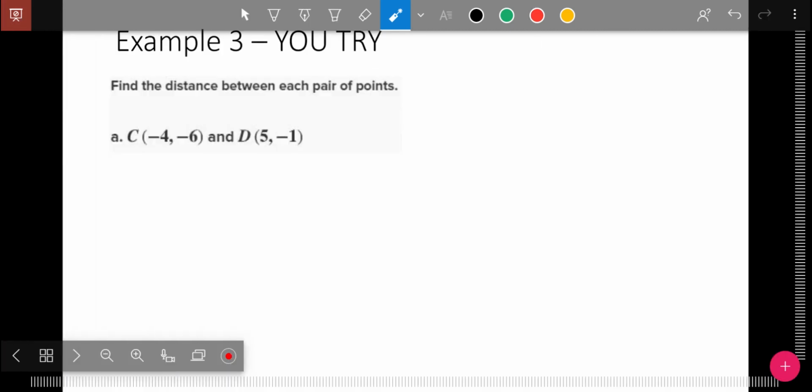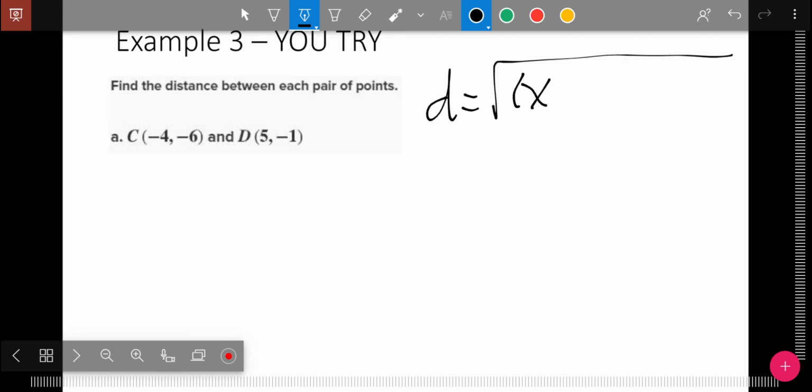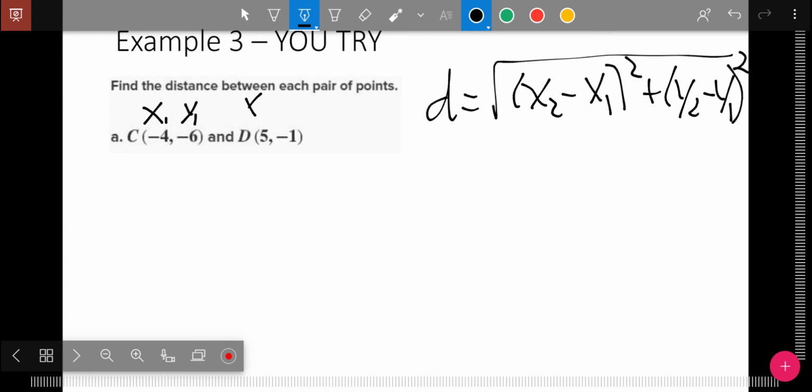And so I gave a try here, but let's work through it together. All right, let's make sure we're on the same page. So first thing, I'm going to write down that distance formula for myself. x sub 2 minus x sub 1 squared plus y sub 2 minus y sub 1 squared. And you know this is my x1, y1. This is my x2, y2.